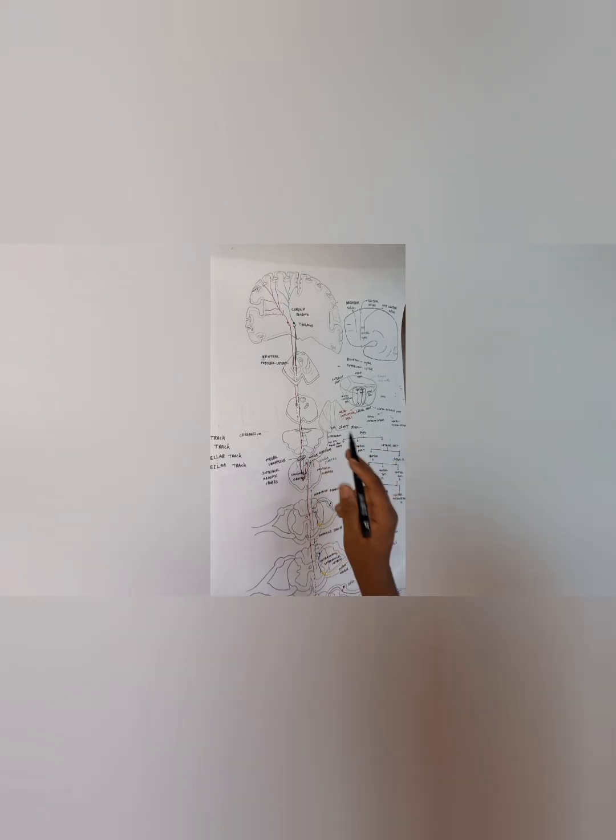We have already discussed internal arcuate fibers. Now there are posterior external arcuate fibers. The function of the posterior external arcuate fibers is to convey unconscious proprioceptive information from the muscles and joints to the cerebellum for balancing and maintaining posture.